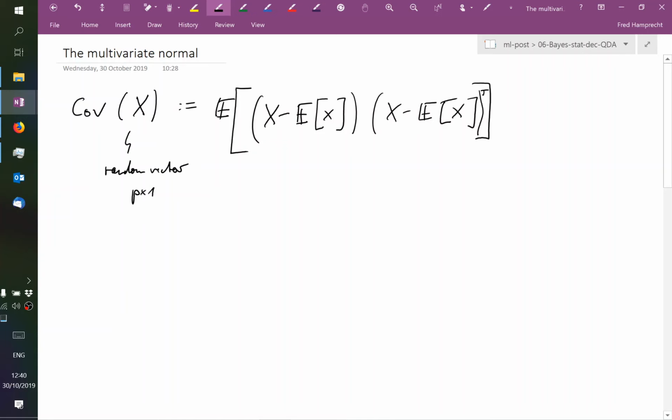So the left-hand side is p times 1, the right-hand side is 1 times p, and so overall, this entire thing is going to be p by p.